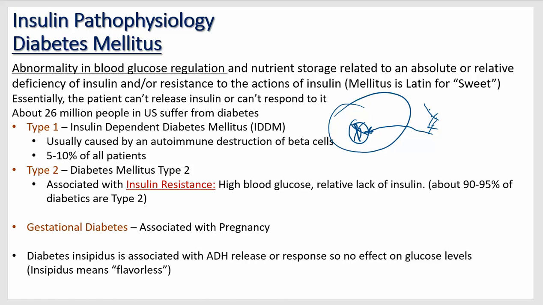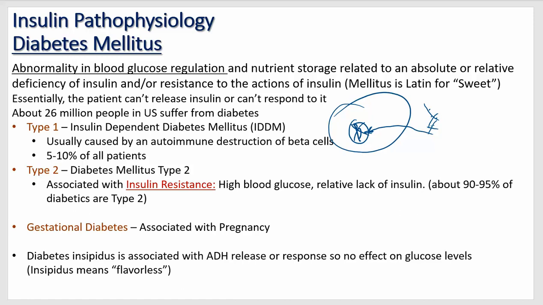Okay, so high blood glucose, relative lack of insulin. It's not absolute. Absolute means that you're just not making it. This is relative, which means that there is insulin being made, but it's not having any effect. About 90 to 95% of diabetics are type 2, and only 5 to 10% are type 1.